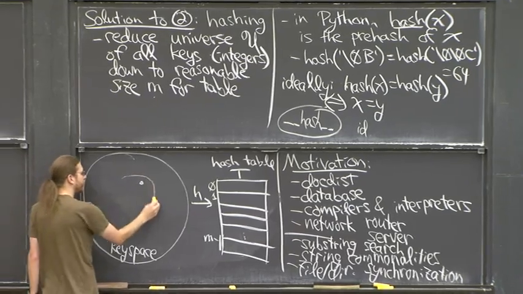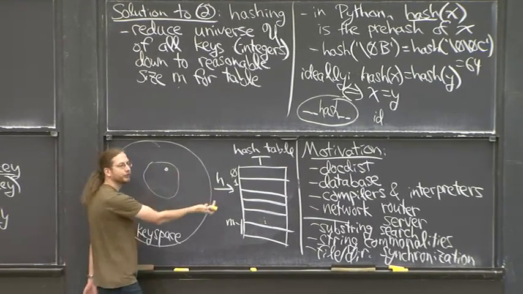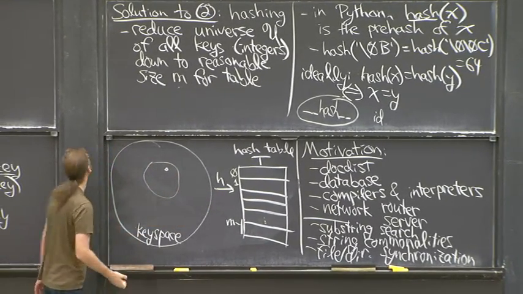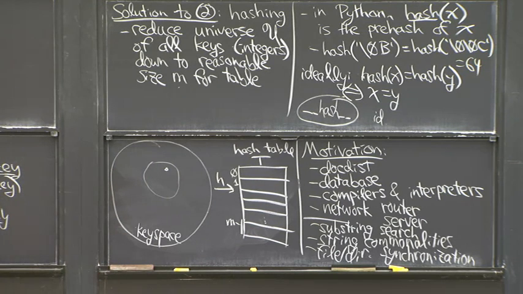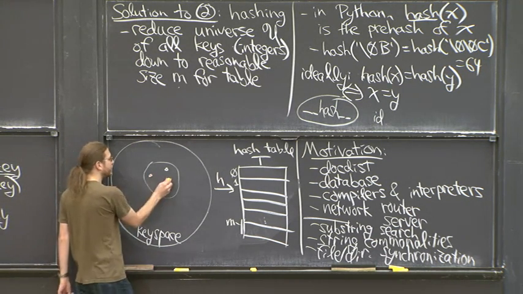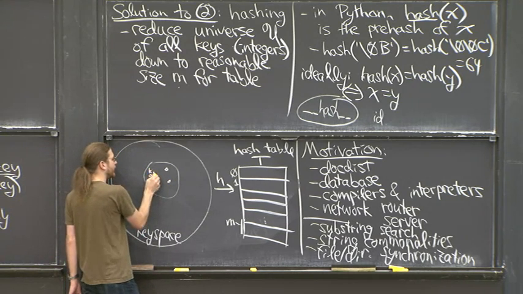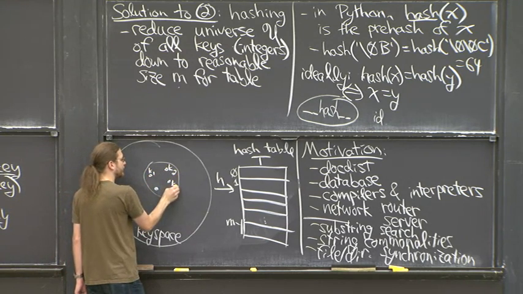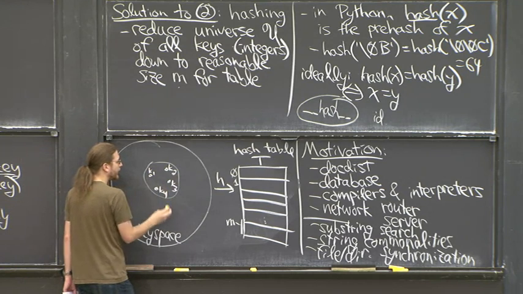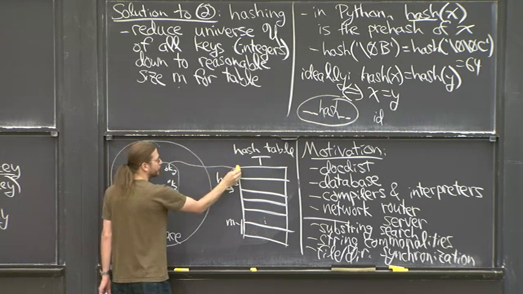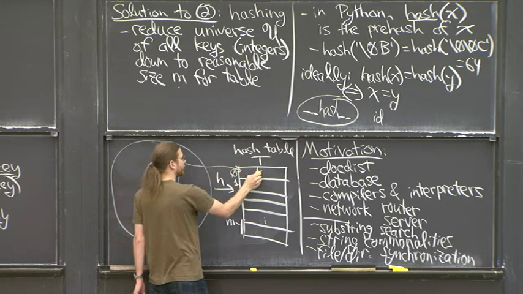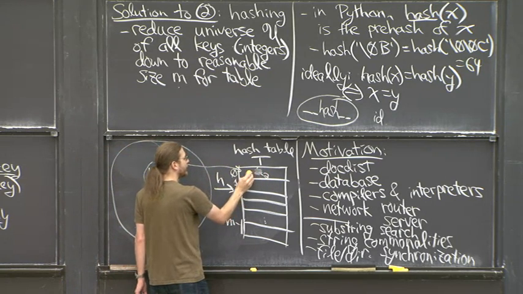But then there's a subset of keys that are actually stored in this dictionary. At any moment in time, there's some set of keys that are present. That set changes, but at any moment, there's some keys that are actually there. K1, K2, K3, K4. I'd like to map them to positions in this table. So maybe item 2 would go here.